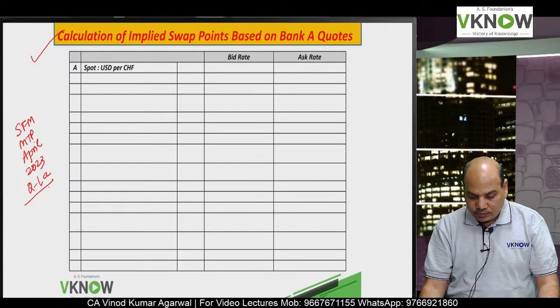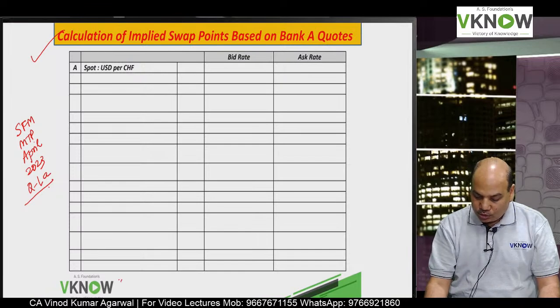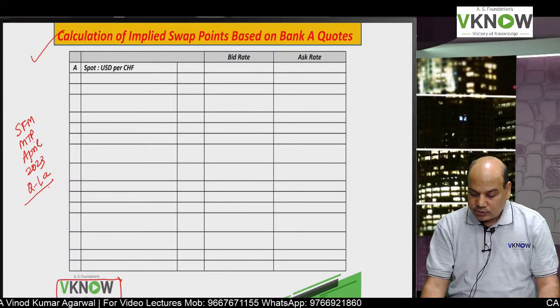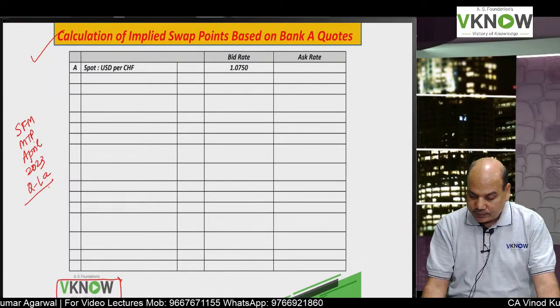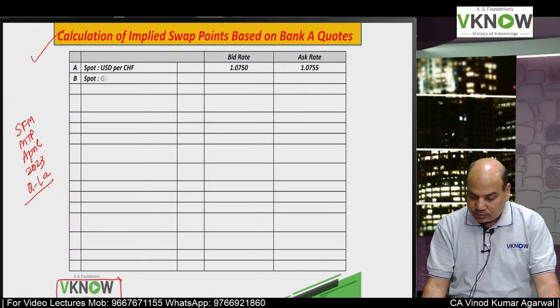First we'll write down the spot rate. Question in front of you. The question can be downloaded from our website vino.in. Spot rate in the first line, USD per CHF, is buying rate 1.0750, ask rate 1.0755.